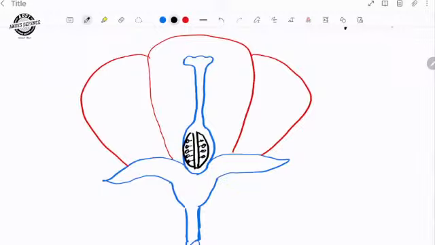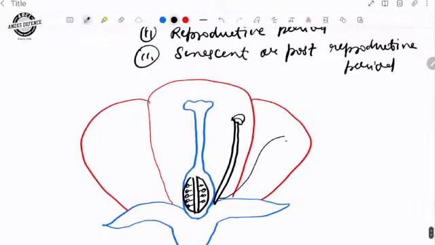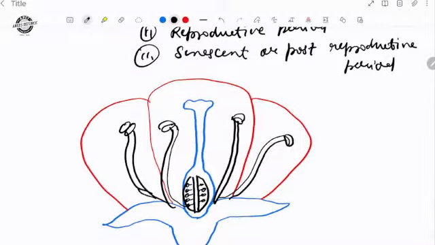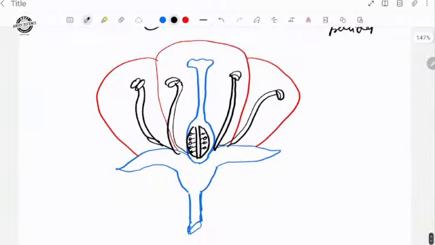This is the ovules in that ovary. This is the filament and anther. First, we should know all the parts of the flower. Then only we can proceed further.